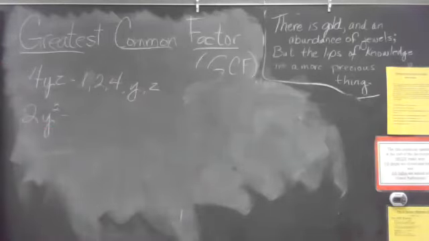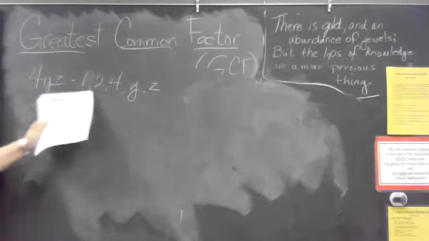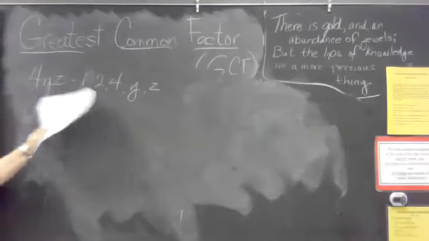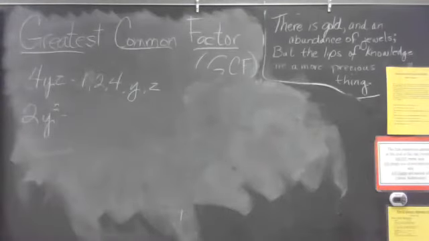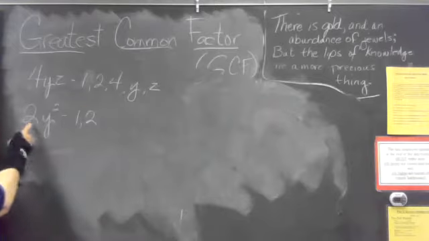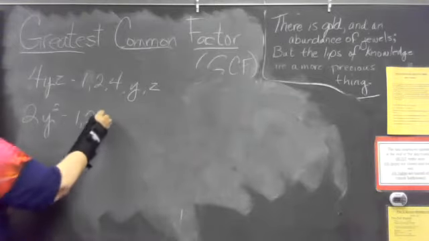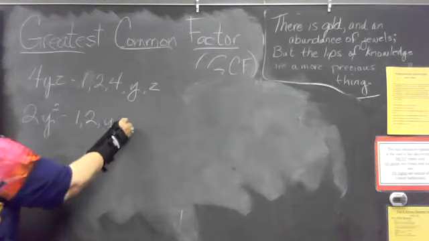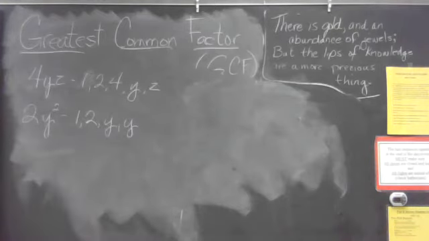Y'all see? Write down the 4. But then I list the variables also. So down here, I just have a 1 and a 2 and a y and a y. And so I want to look for the common number and the common variables.